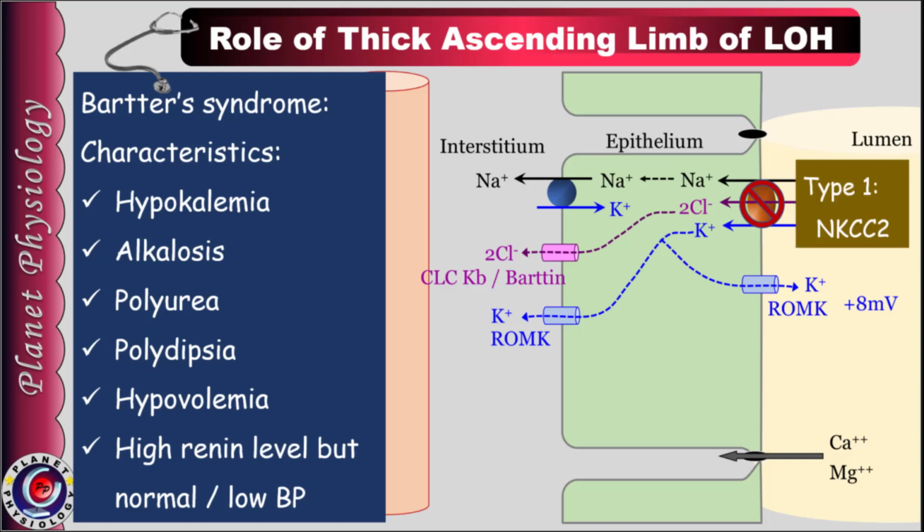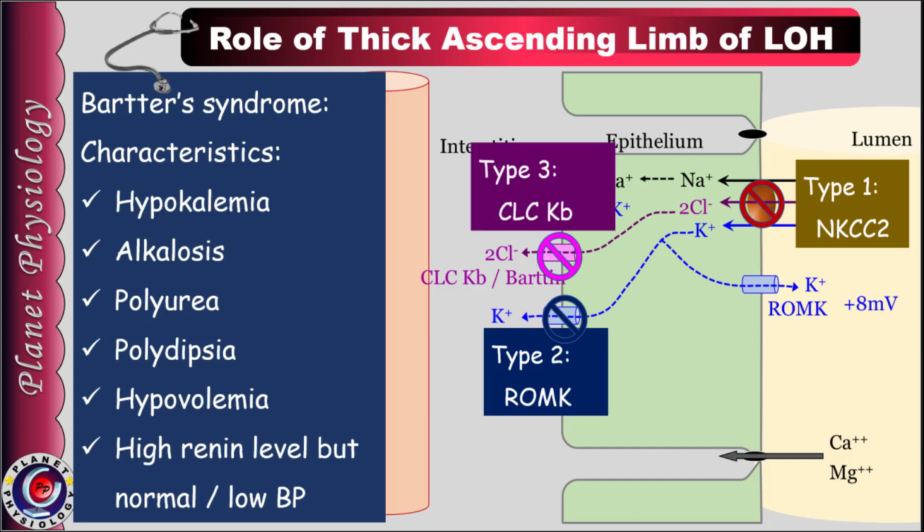Type 1 Bartter syndrome is due to mutation of NKCC2 cotransporters, and type 2 is due to mutation of ROMK transporters. Both these are neonatal subtypes, while type 3 Bartter syndrome is caused due to mutation of chloride channels and is the classical form of Bartter syndrome.